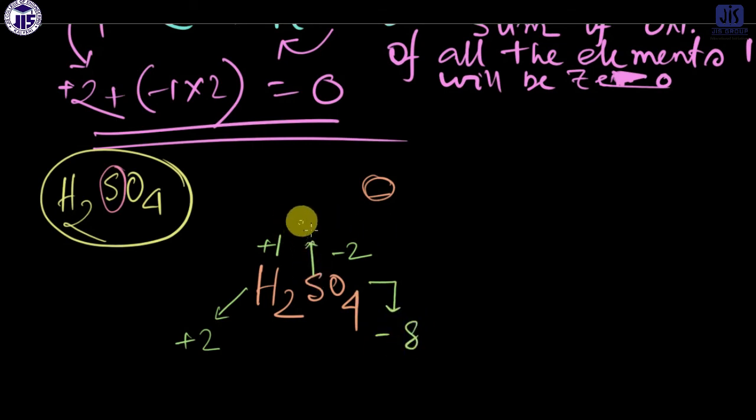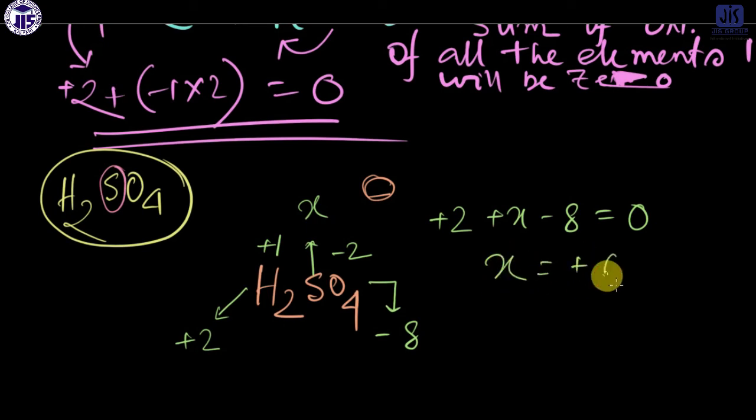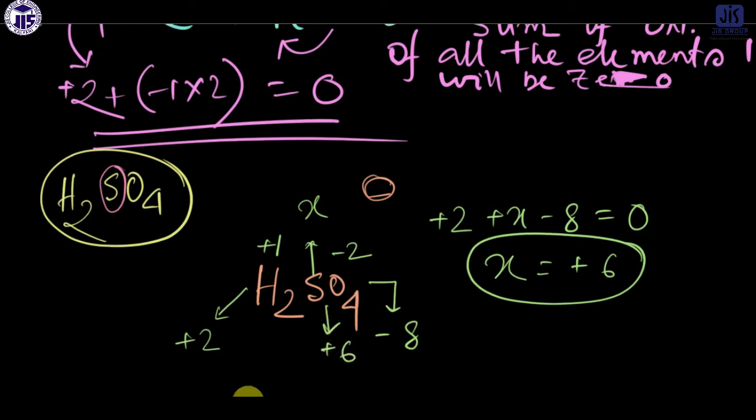If we take the oxidation number of sulfur as X, then we can write +2 plus X -8 equals 0, and X equals +6. So that means the oxidation number of the sulfur is +6. In this way we can determine the oxidation number.